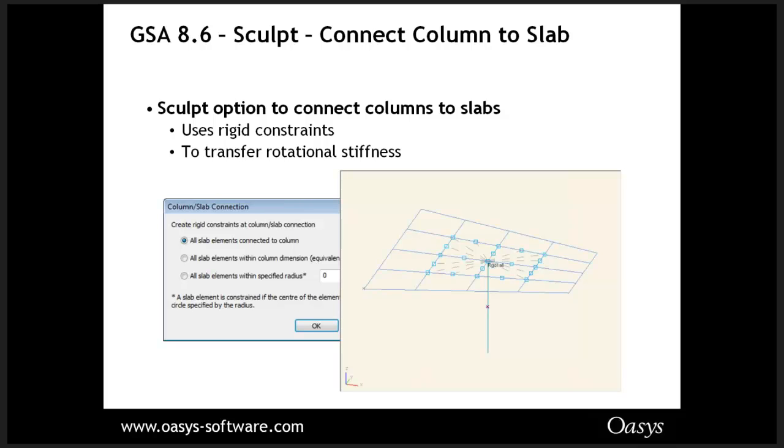You can choose either to always assign all the rigid constraints to all the nodes on all the elements attached to the column, or you can limit it based on the dimensions of the column or based on a specified radius, and only 2D elements that have their center within those dimensions are then included.